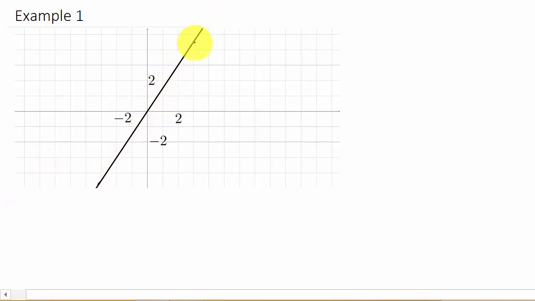And not only is it going up forever, it's also going to the right. When we determine where it's increasing and decreasing, we look at the graph as it's going from left to right.